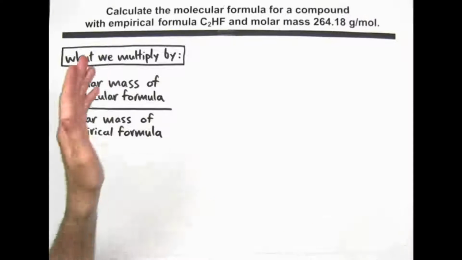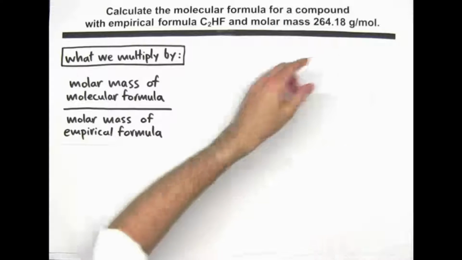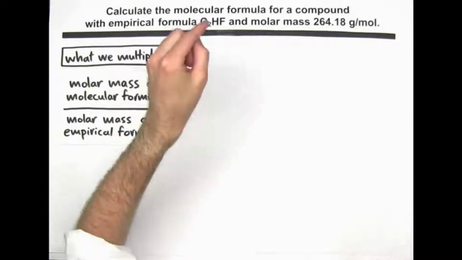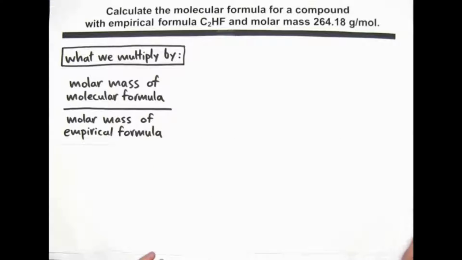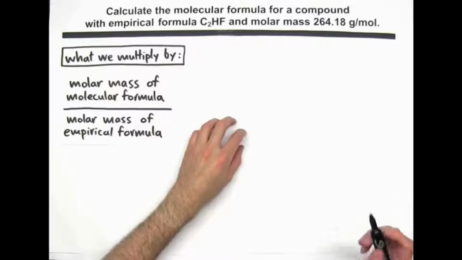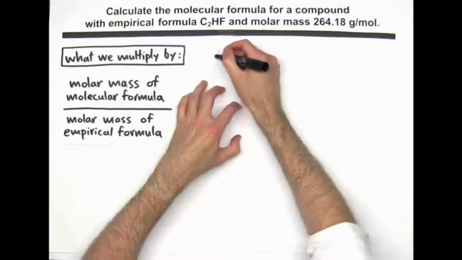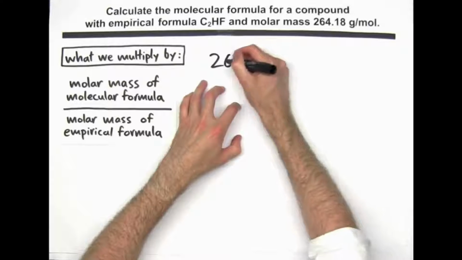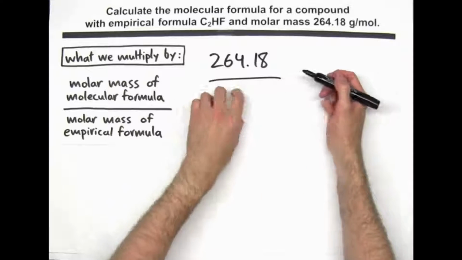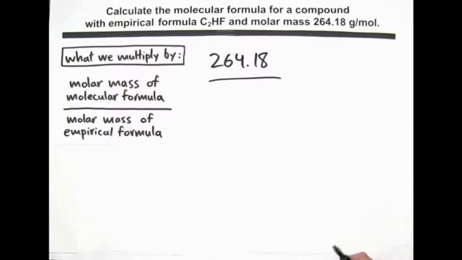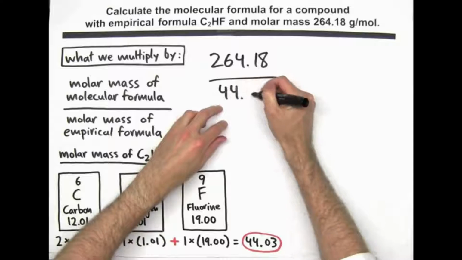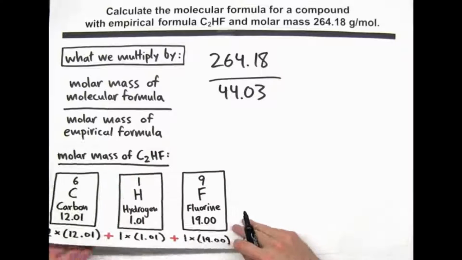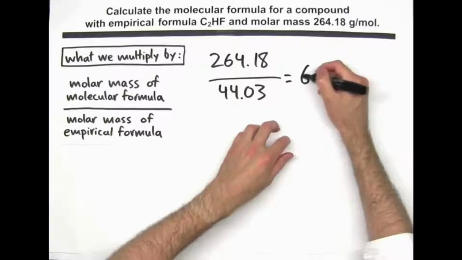One more example. Calculate the molecular formula for a compound with the empirical formula C2HF and molar mass 264.18 grams per mole. To find the number that we need to multiply this empirical formula by, we'll take the molar mass of the compound, 264.18, divide that by the molar mass of the empirical formula, which I've calculated here to be 44.03. This division gives us 6.